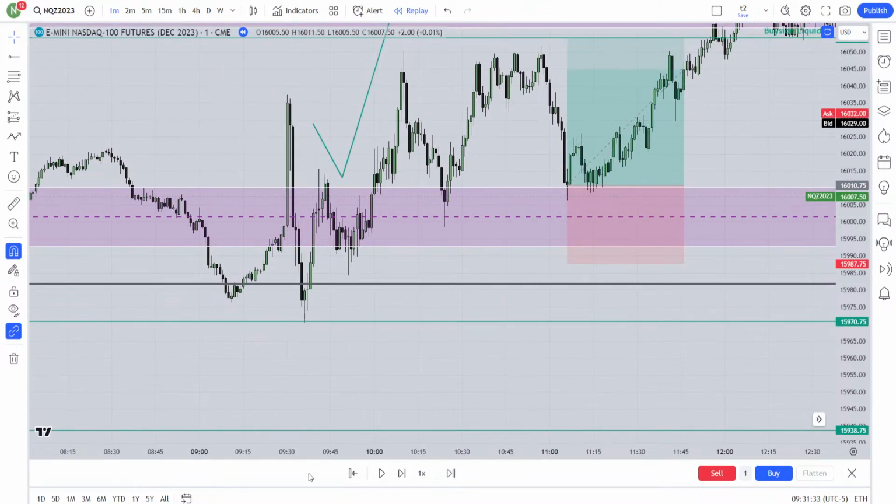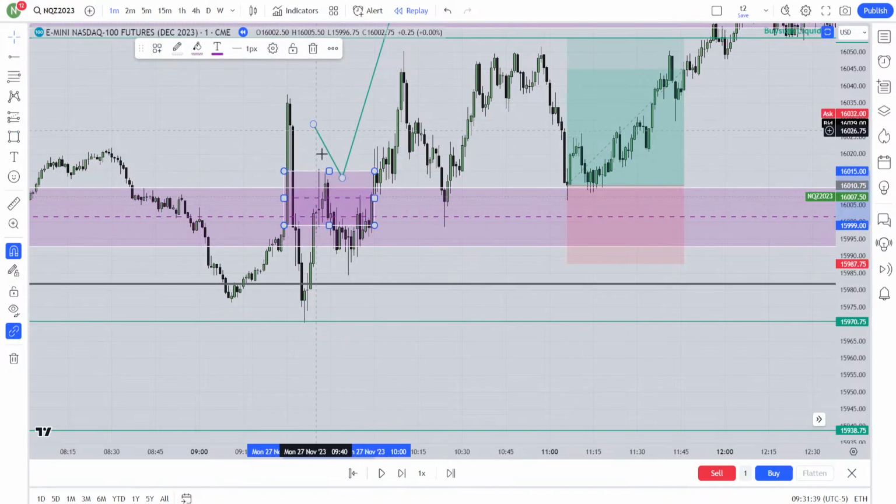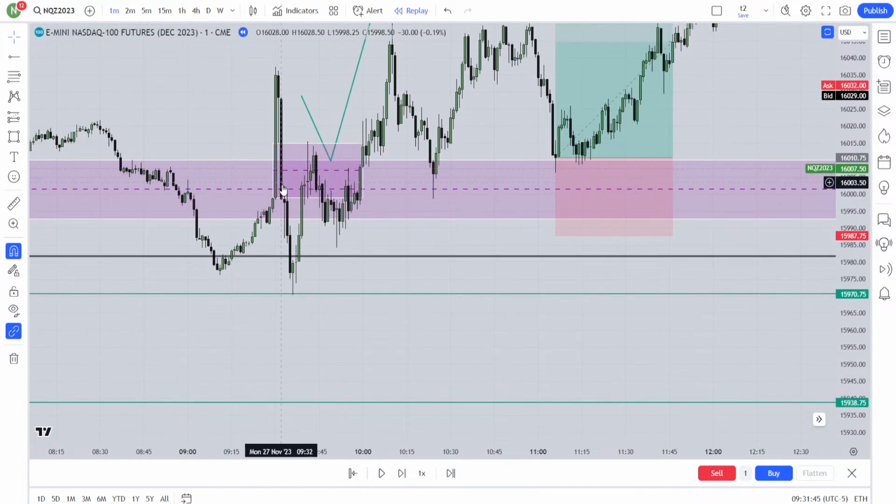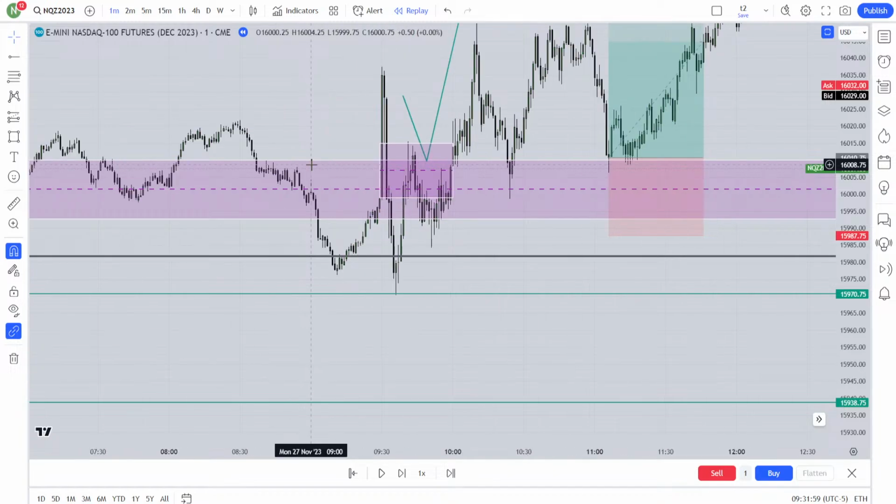So this fair value gap, specifically this fair value gap, how should it work? Price should come to this fair value gap, then it should go higher. Now when price went through this, it should act as an inversion fair value gap. Why is it not working?